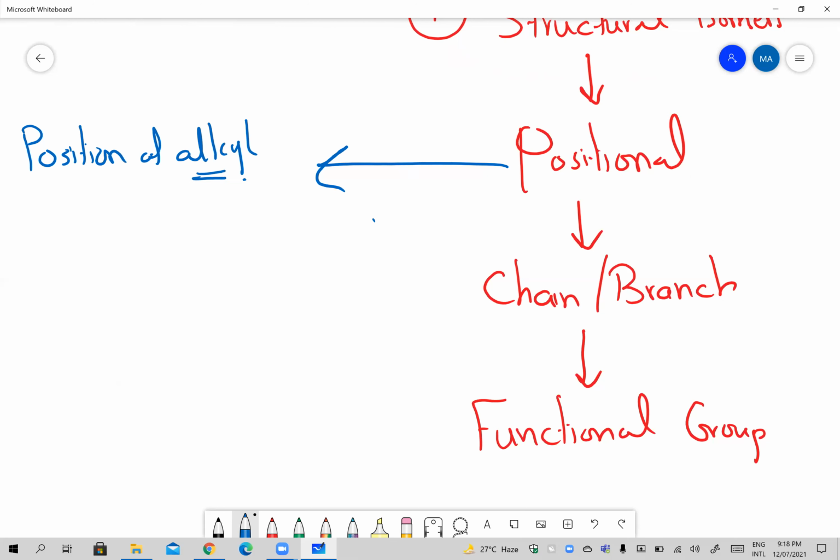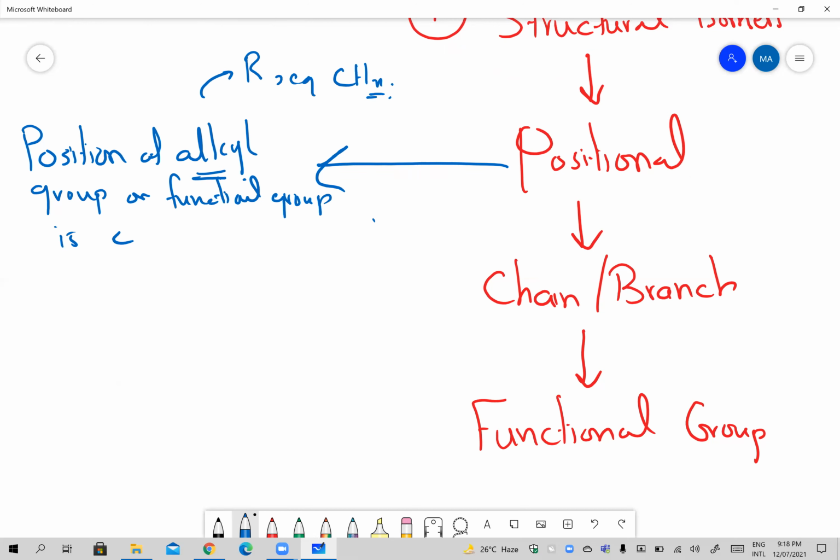It's also denoted by an R, or for example, a CHX denotes any number of hydrogens. Any carbon chain is basically an alkyl group. So if the position of an alkyl group or functional group is changed, this is what a positional isomer is.